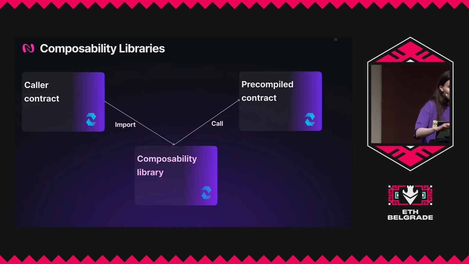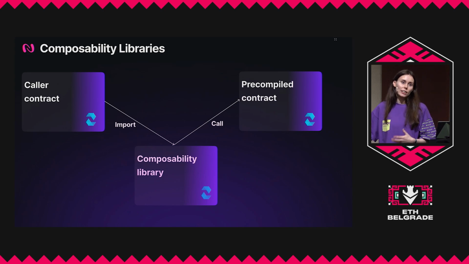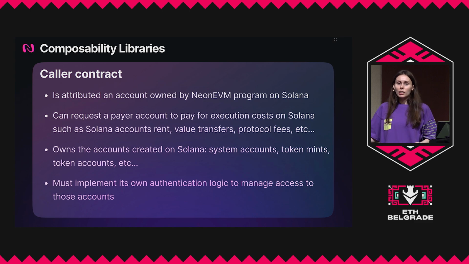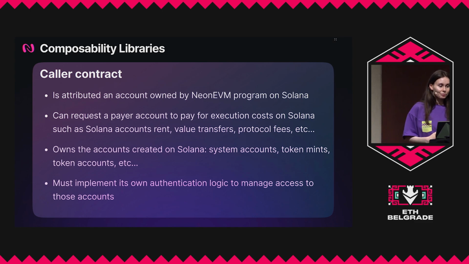And the flow is going to be very simple. You have a caller contract where you import a composability library, or rather many composability libraries at the same time. And from that, you send a call to a precompiled contract, ICall Solana, which natively executes the instructions.